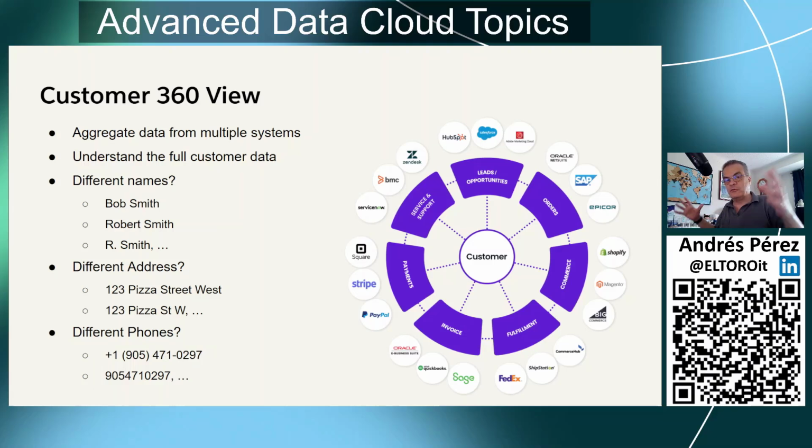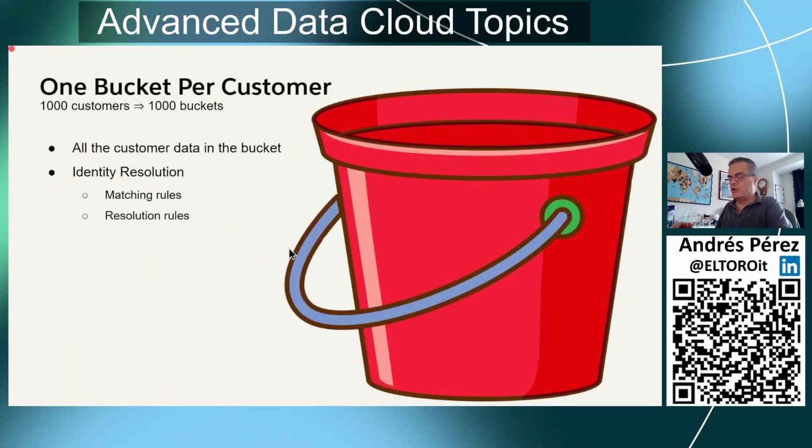So you want to bring all this data from different systems, regardless of where the data is, and put it into Data Cloud. But once you put it in Data Cloud, you want to create buckets of data for each customer. So let's say you have 1,000 customers, you should end up with 1,000 buckets.